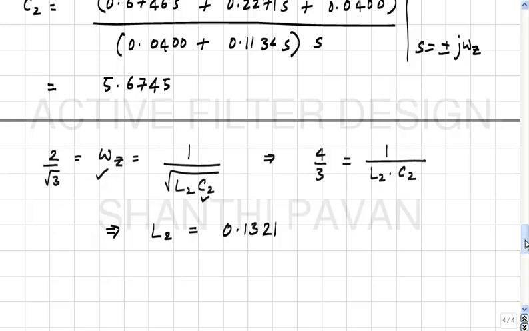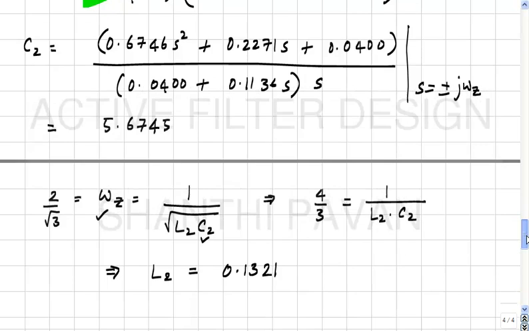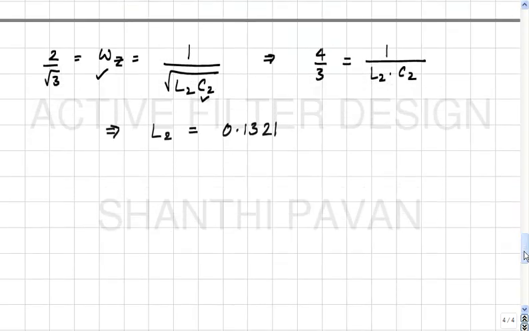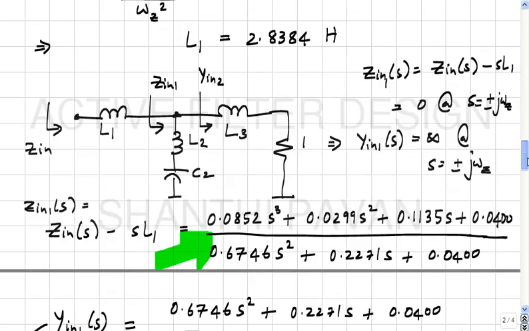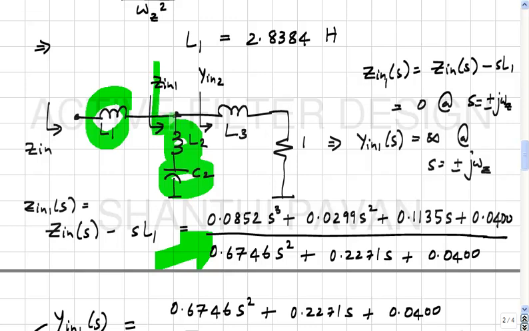Okay. All right. So, in other words, what we have therefore seen is, we now have figured out L1, we have figured out C2, we have figured out L2. Okay. And we know y in 1.